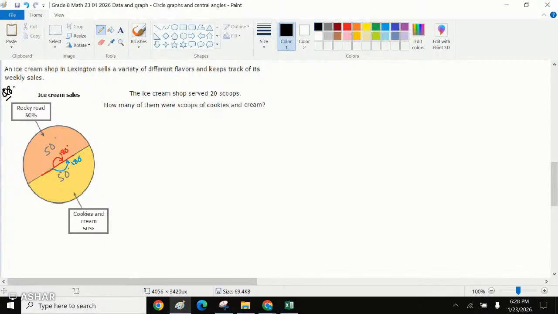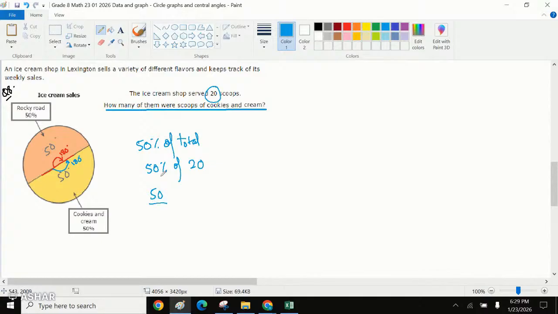So how many scoops were there of cookies and cream? Let's see. Cookies and cream was 50% of the total, right? That means 50% of 20 scoops.